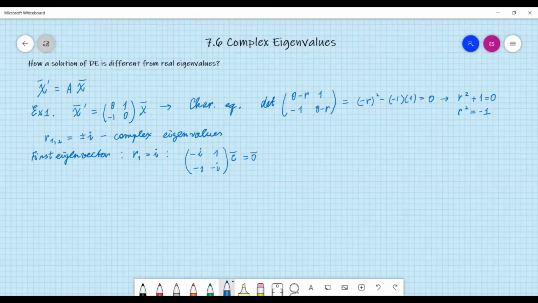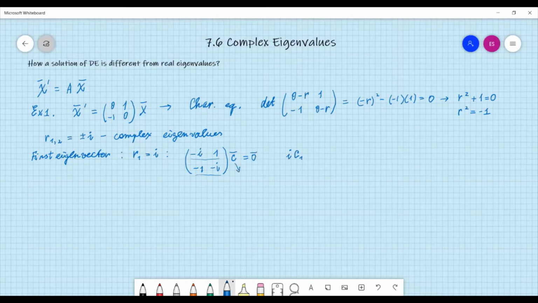And because I already know that the determinant is equal to 0, I know that these two rows are linearly dependent. So I actually solve only one of them, considering one variable as a constant and the other variable as dependent, right? So what I'm going to have is minus i C1.